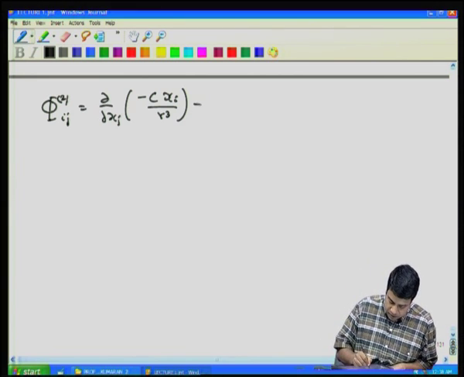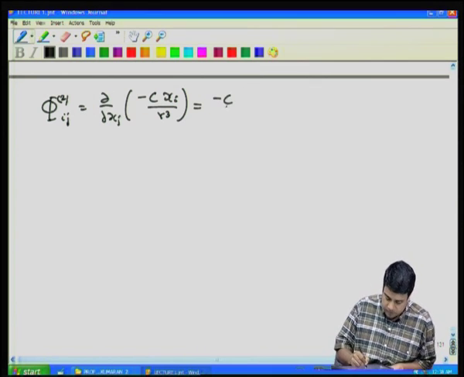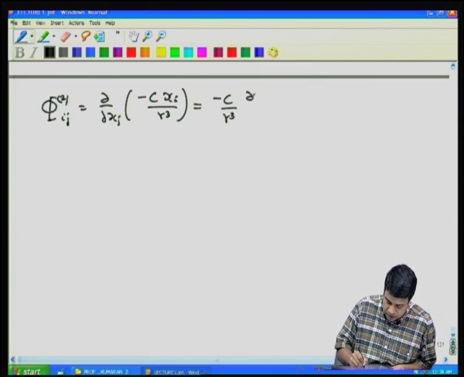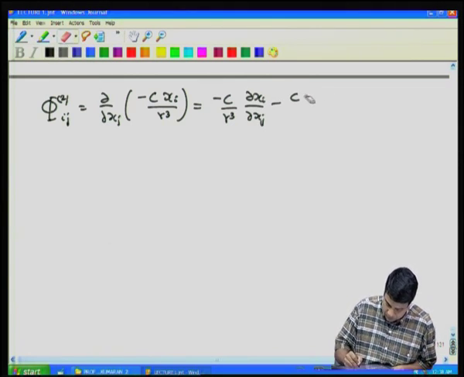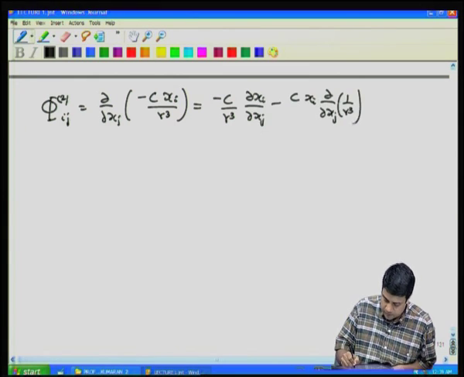So, this will give me minus c by r cubed partial x_i by partial x_j minus c x_i partial by partial x_j of 1 over r cubed.